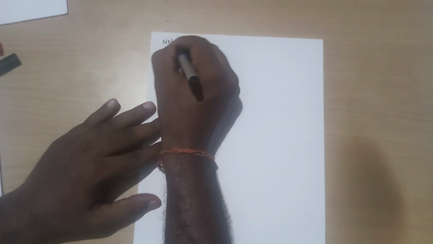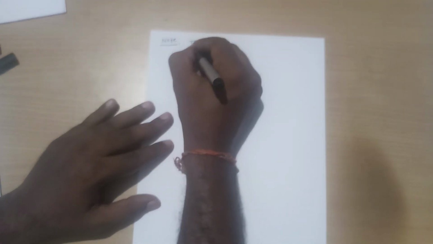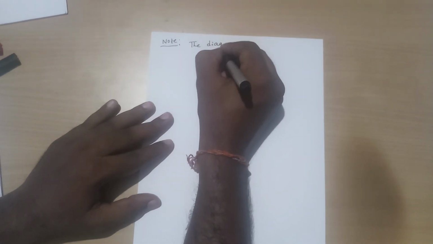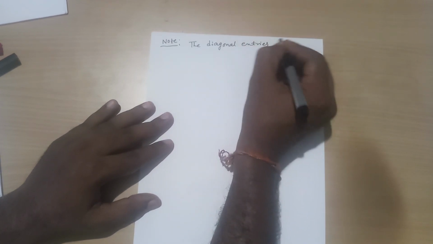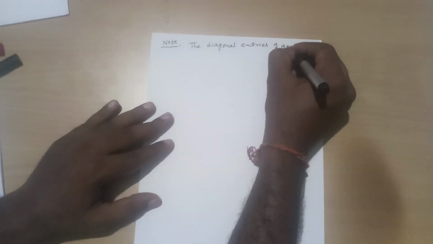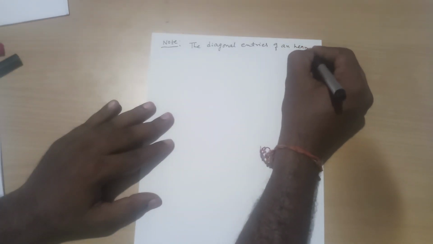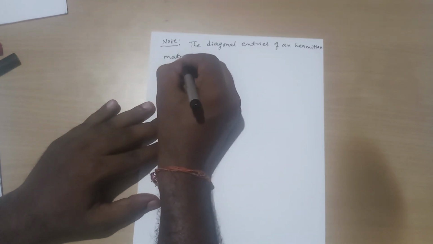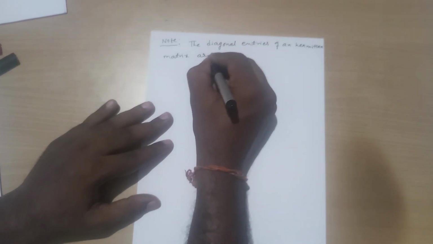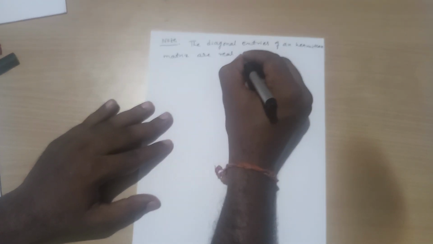Next here, the diagonal entries of a Hermitian matrix are real numbers.